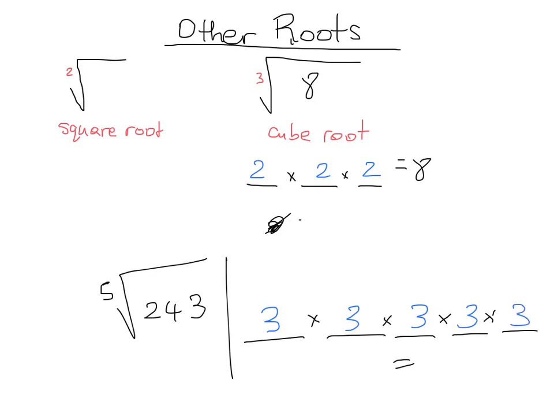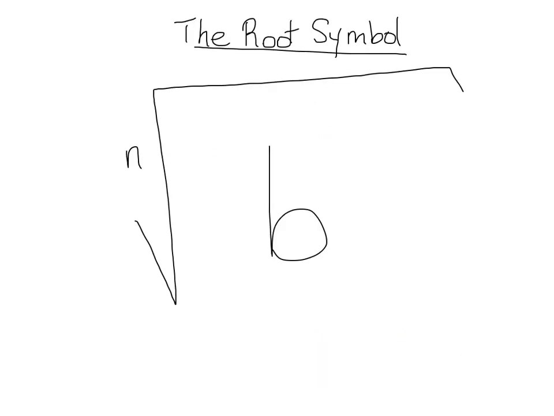I just have one more thing before this video ends that's super important. So let's talk about the sign and what each thing is called in the sign. Okay, so right here I have a gigantic radical symbol or root symbol.